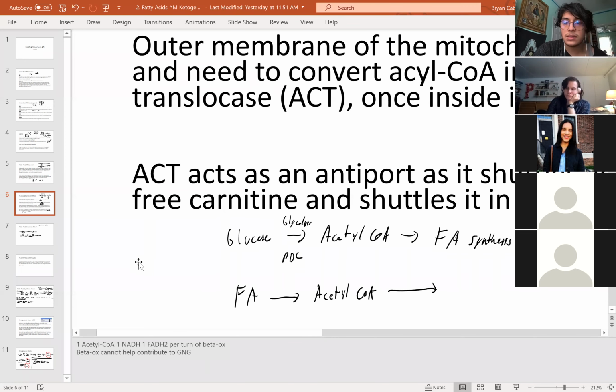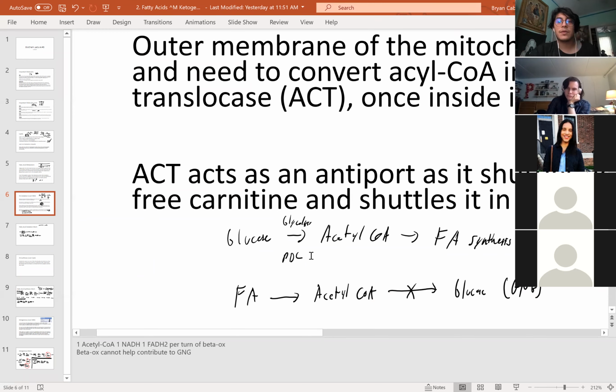And you cannot have the production of glucose through gluconeogenesis, simply because of this process of acetyl-CoA formation by the pyruvate dehydrogenase complex. The pyruvate dehydrogenase complex takes pyruvate, the product of glycolysis, and produces acetyl-CoA. This is not a reversible step.